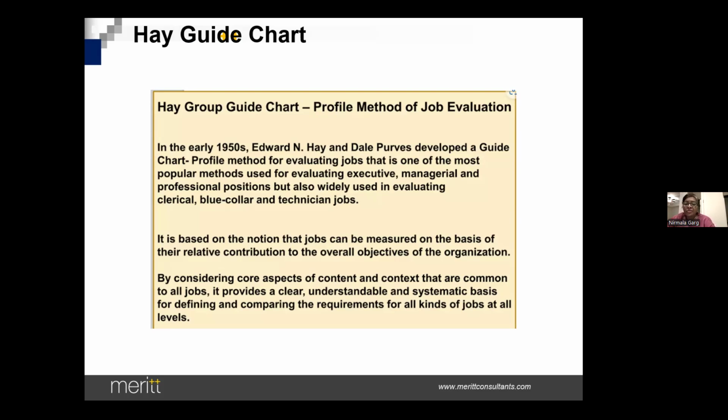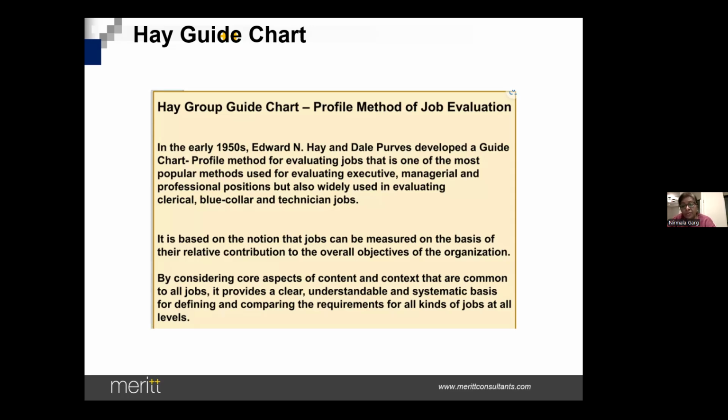It was developed by Edward Hay in 1950. That was the time when they recognized, and what was that era? Industrial era. Most of them were manufacturing organizations, unlike today's service oriented organizations.